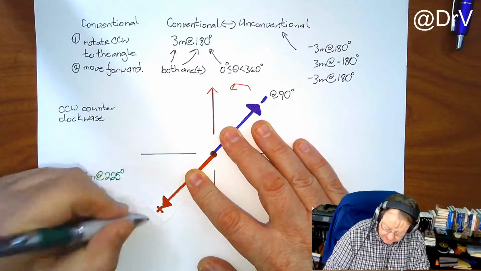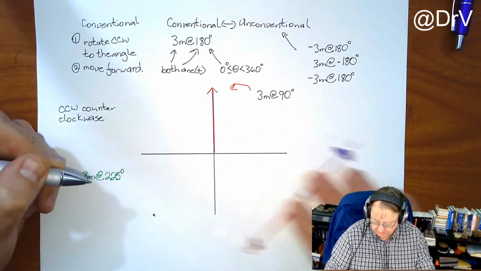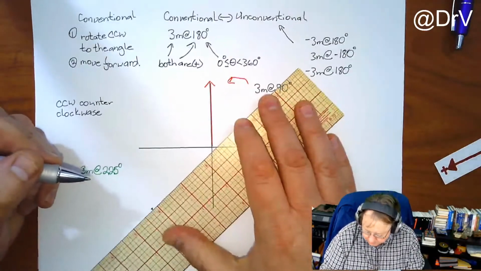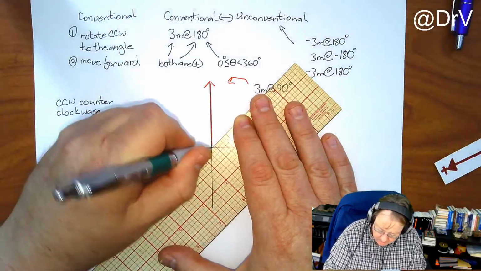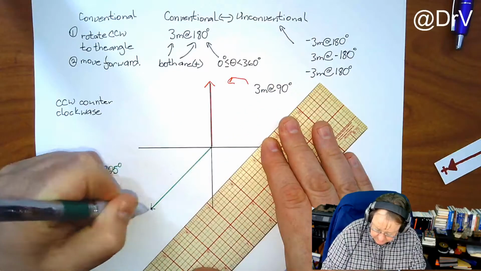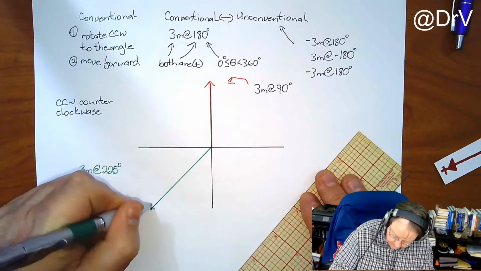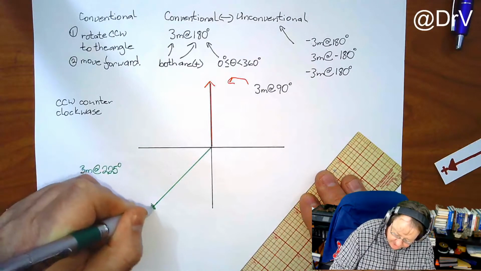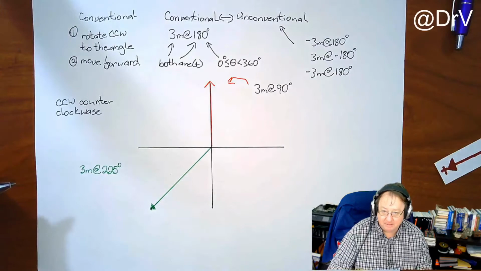You're both positive, so you're going in that direction. And then you do this. So you can see that there is a pattern.